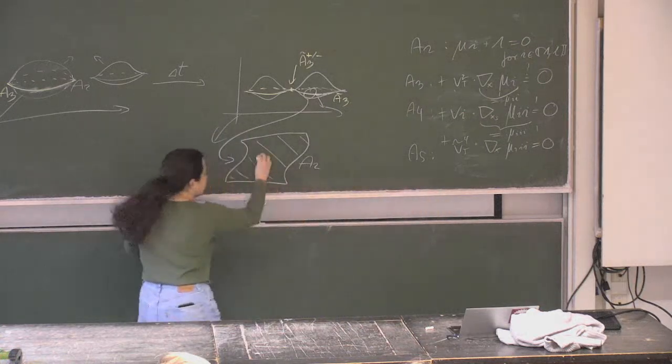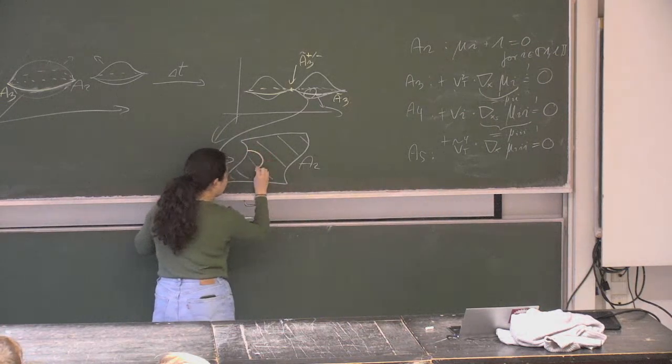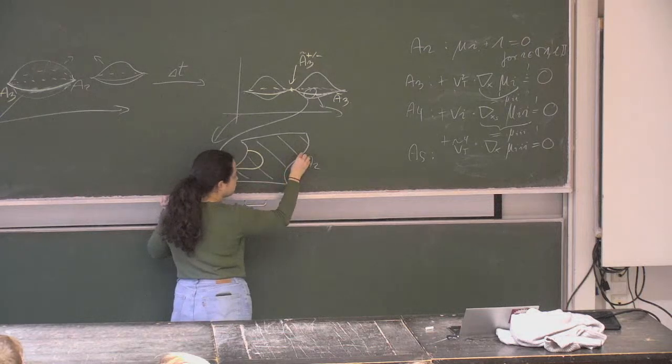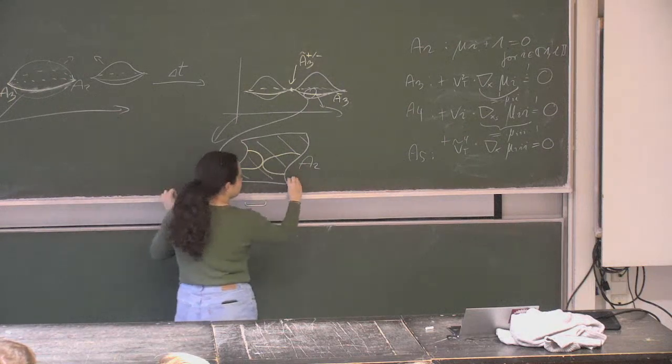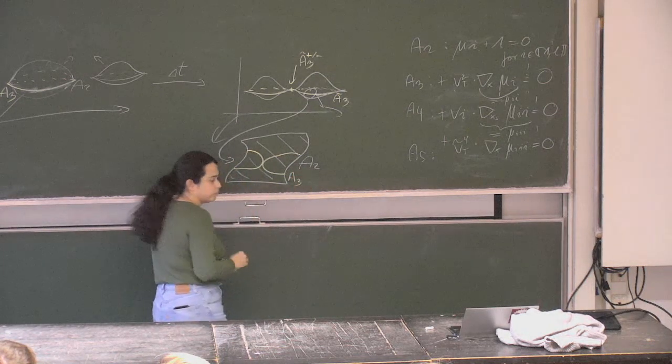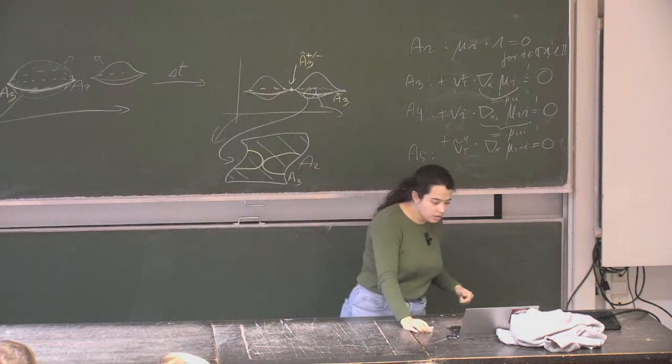Then this is the contour, the edge of the pancake in some sort. They come together. This is A3.